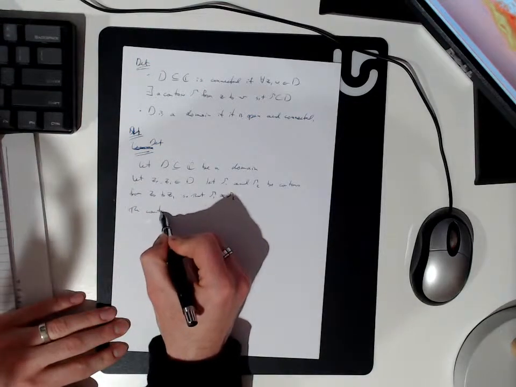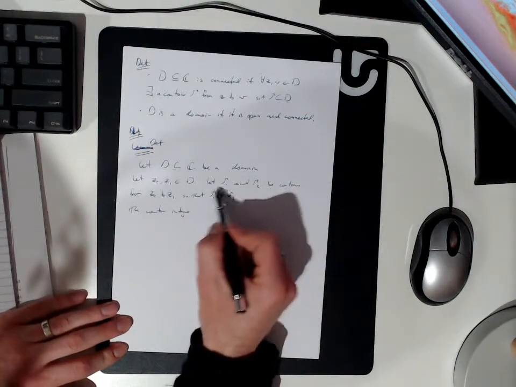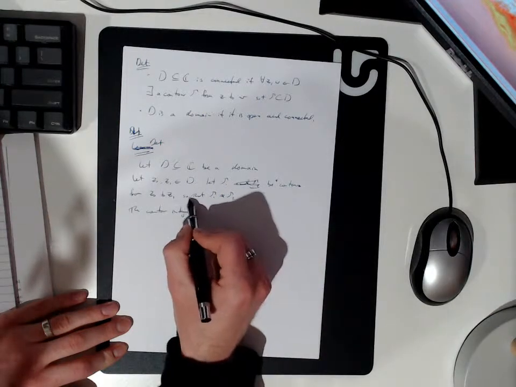The contour integral, maybe I should say this: let gamma be a contour from Z0 to Z1.